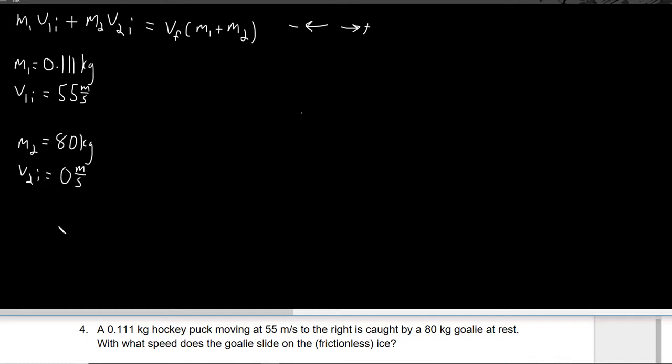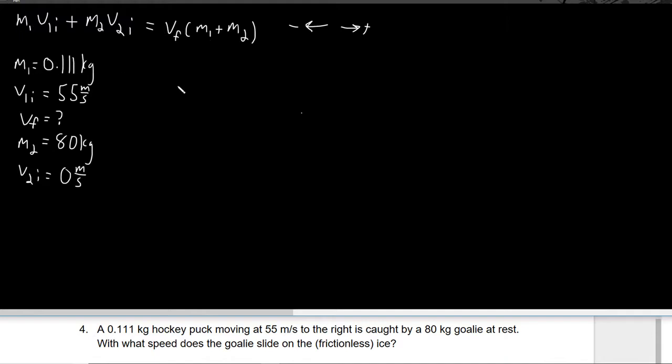The big question is, with what speed or velocity does the goalie slide on the frictionless ice? Another way to think of it is, since the goalie's catching the puck, what's the final velocity for both of them? They'll be going the same speed. So let's throw some numbers into our equation.